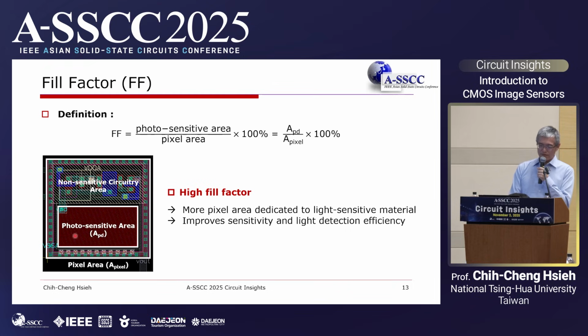But as you can see, it's not 100%. So we define the ratio as the fill factor. So if you want to increase the sensitivity, the target is you need to improve your fill factor. But there will be some limitation because you need some area for circuit implementation.